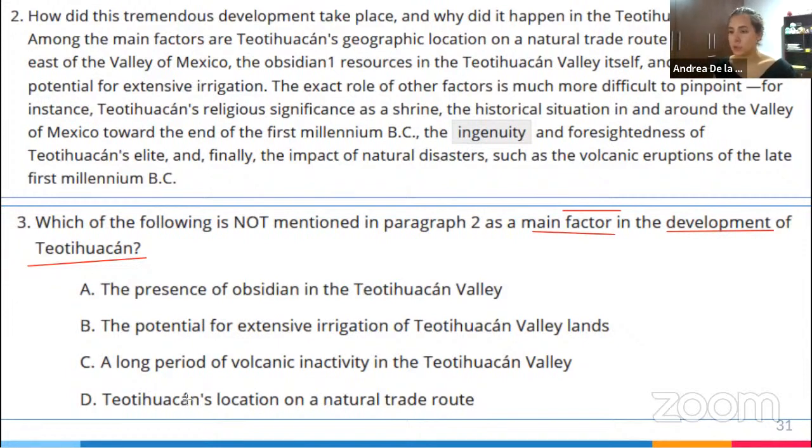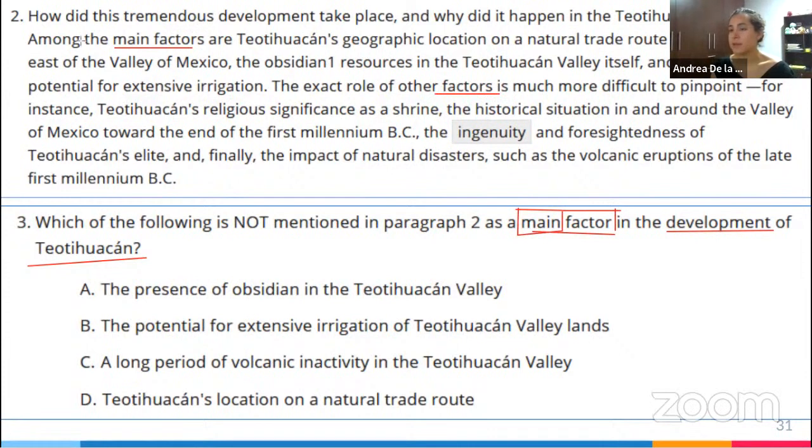Be really extremely careful with those modifiers because sometimes they lead you to make mistakes when the questions are not that hard. For example, in this case, we're looking not only for factors in the development of Teotihuacan, but we're looking for the main factors in the development of Teotihuacan. And that changes everything because if you guys are looking for main factors, then you're going to go here. But if you're just looking for factors, you're also going to go here.